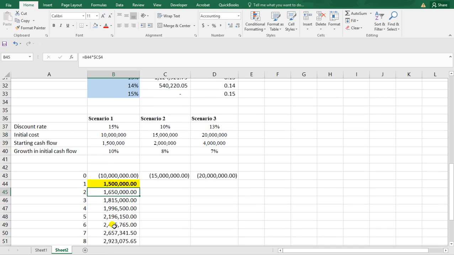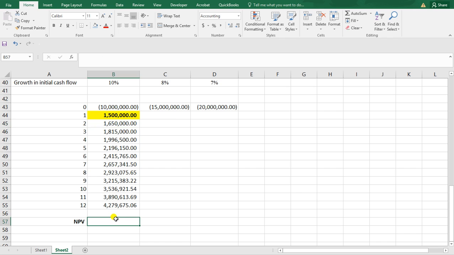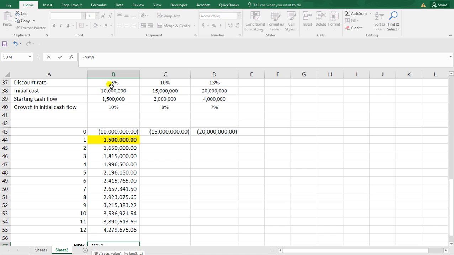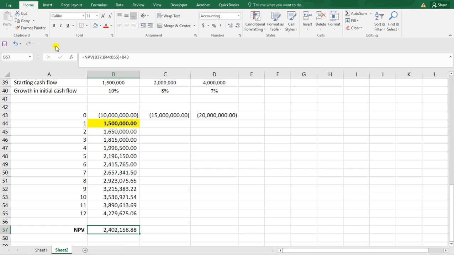So basically I'll be having that. You'll find that it will change everything here, right? So my NPV, that will be simple. Our NPV, function of NPV, tab, rate is 15% discount rate, comma, my data value basically is all this, plus that initial outlay. So this will be our NPV at that point, right?